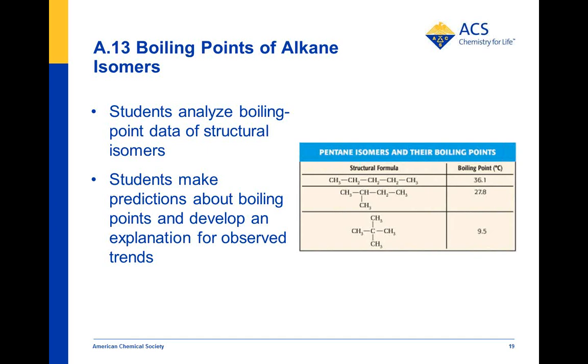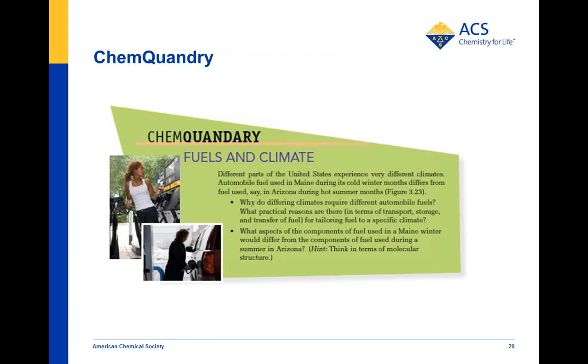And then we move on to another chem quandary. This one is pretty interesting, and now we're going to take a look at the chemistry that we have been talking about, and we're going to ask, how does this impact in the real world?